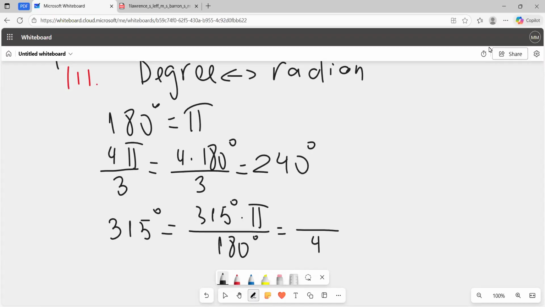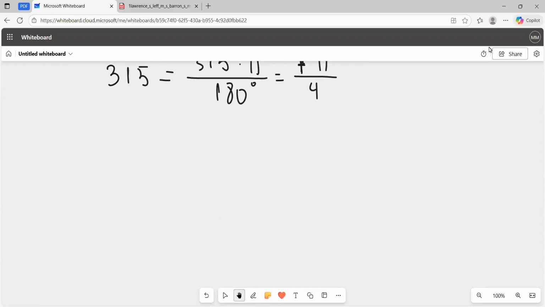Not 4. It's equal to 7 pi divided by 4 radians. Okay. This is the relation between degree and radian.